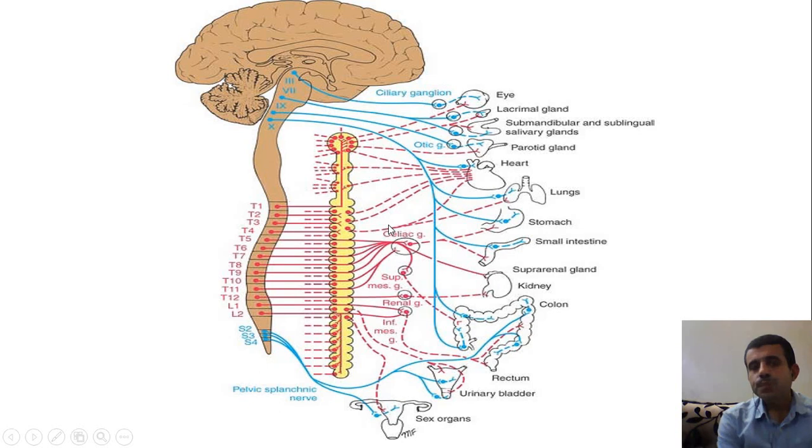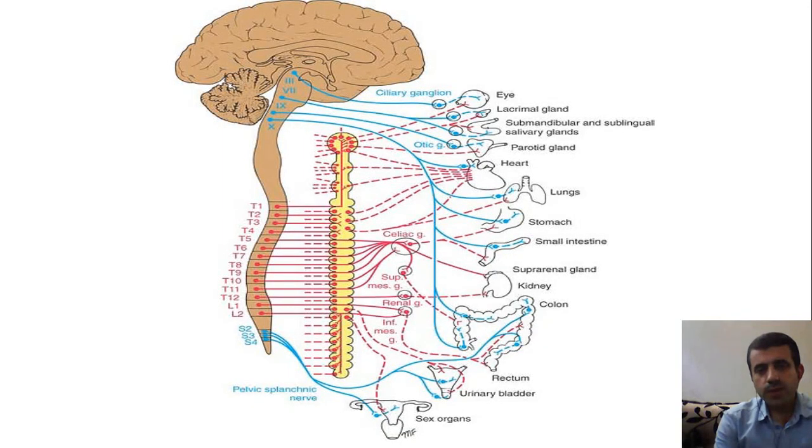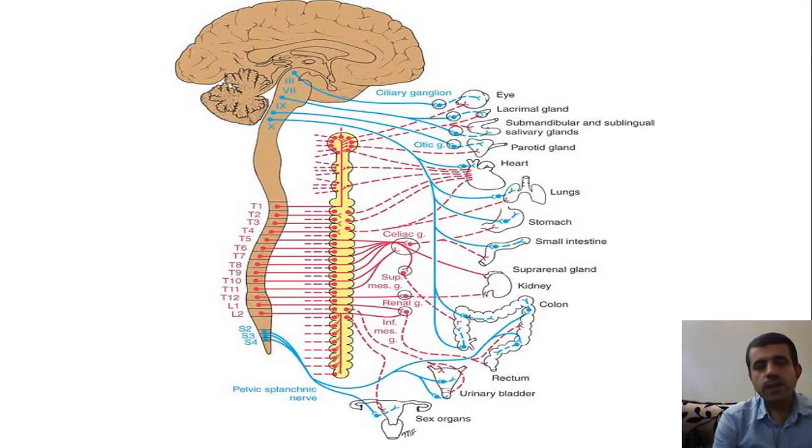So we have 3 cervical, and as we said, about 11 to 12 thoracic, 4 to 5 lumbar, and about 4 or 5 in the pelvis also.